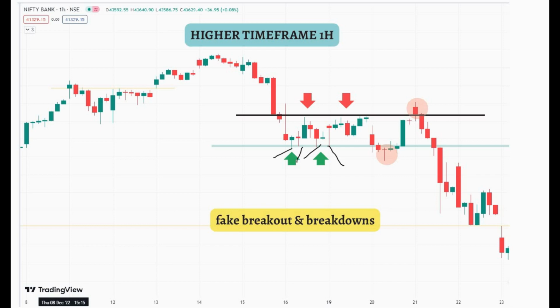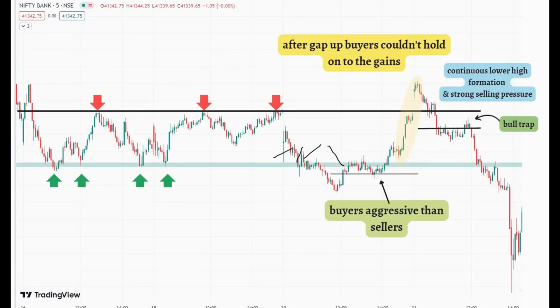Okay, so now we will shift to our 5-minute time frame to find our potential low risk, high reward trade setup. See, multiple times prices got rejected from these areas. On this day prices opened gap down. Then buyers again tried to push the prices towards the upside, but they failed. Lower high formation and eventually testing the support zone.